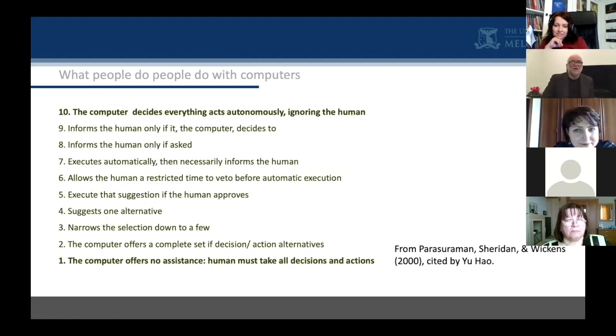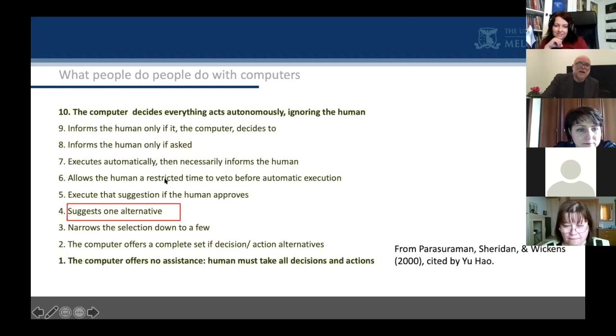The problem is if we stick at level 4 there, where we put something into machine translation, take this as an example, and we get out a result and we think that is the translation. That's how non-translators interact with the technology. But a translator can use it in any other way there, okay?